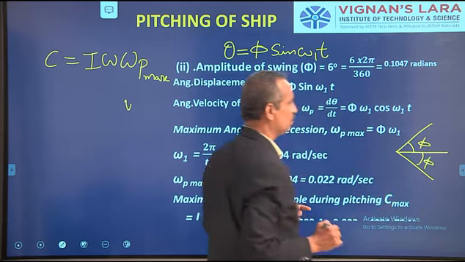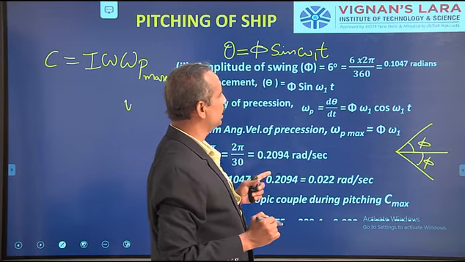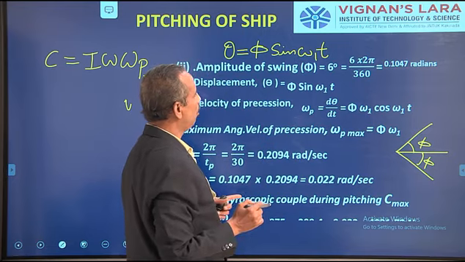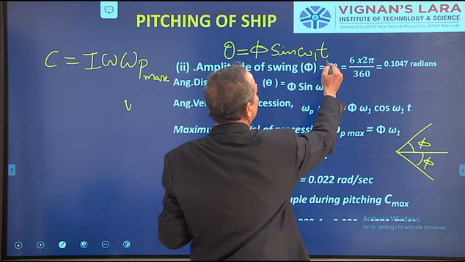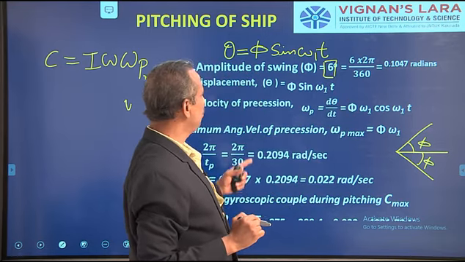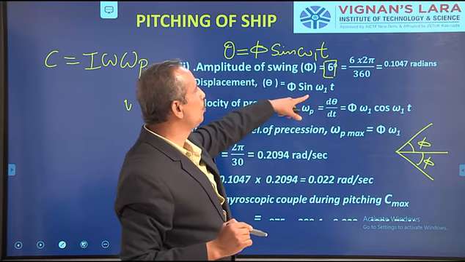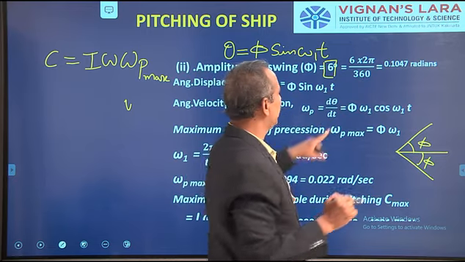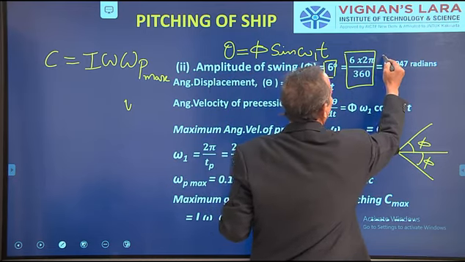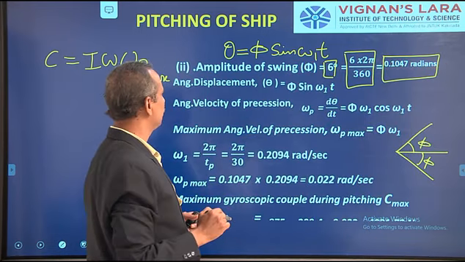Phi is the maximum swing. So this phi is given in degrees, that has to be converted first into radians. How much is it given in the problem? It is given as 6 degrees. If you want to convert these degrees into radians, we know that 2 pi radians is equal to 360 degrees. Then it becomes 6 into 2 pi by 360, where the value is 0.1047 radians.